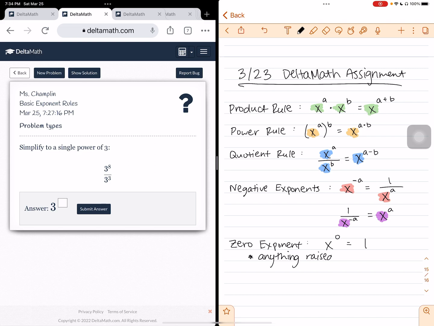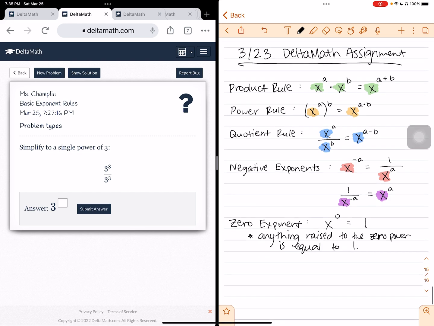Anything raised to the 0 power is equal to 1. Okay, and that's really, really important. All right, so we're going to use this as we move forward. So these are what we're going to be using. This is really, really important.